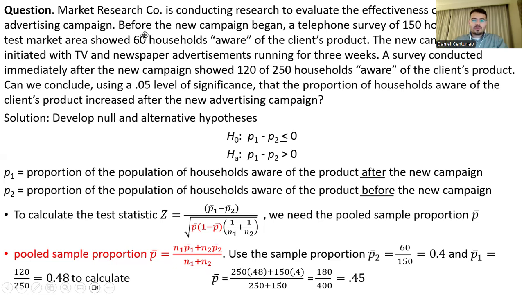And for example, dealing with proportions, we are looking for the number of successes, right? So the exercise is also giving you some categories that allow you to make a distinction between successes and failures. In this case, it is the number of households that are aware of the product.